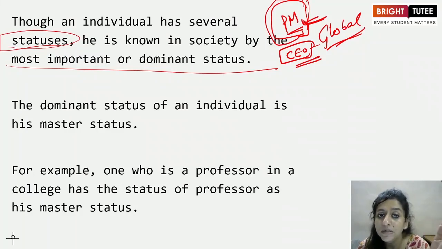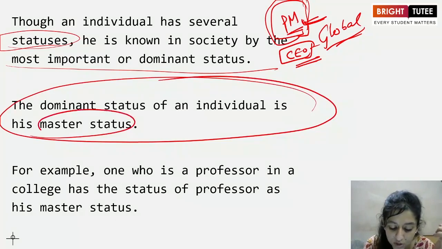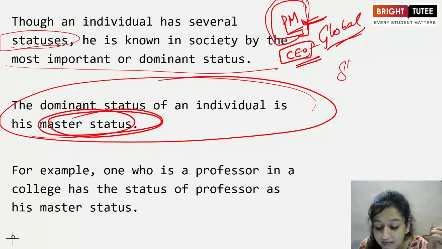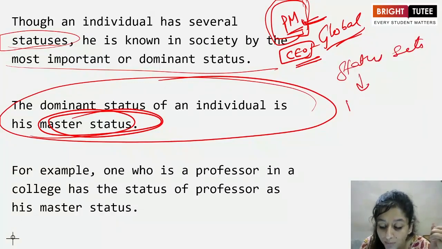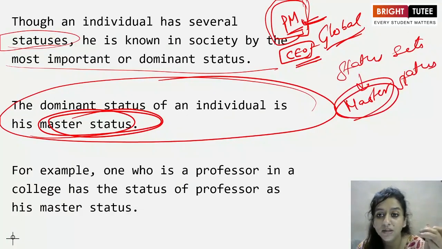So the dominant status of an individual is his or her master status. Out of that status set, whatever your dominant status is, it is known as your master status. It is something that is the most important, the most dominant one.